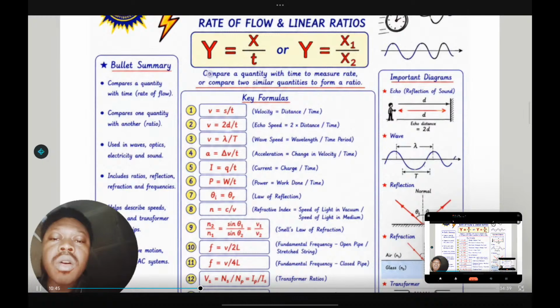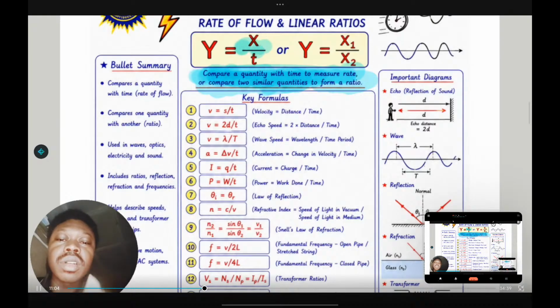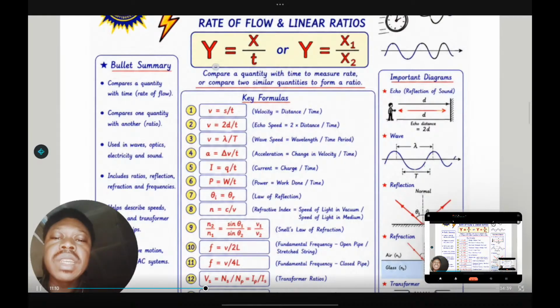Now, compare a quantity with time. This structure will compare a quantity with time to measure rates, or compare two similar quantities to form a ratio. Anytime you see a division sign, it means ratio. Are we here? Now, one thing I would like to inform you about before I proceed further, a secret I need to give you now: this y varies directly with x.